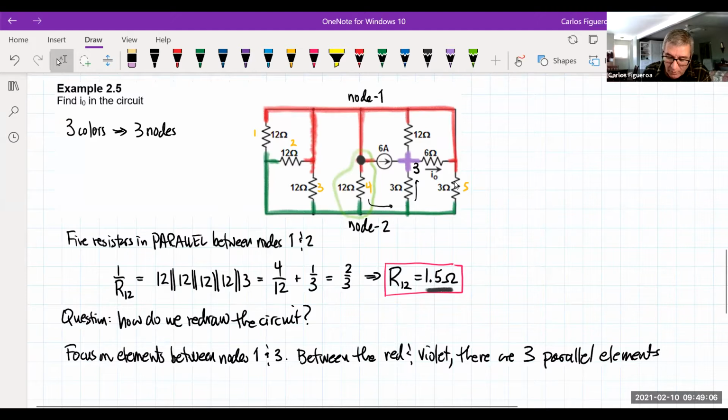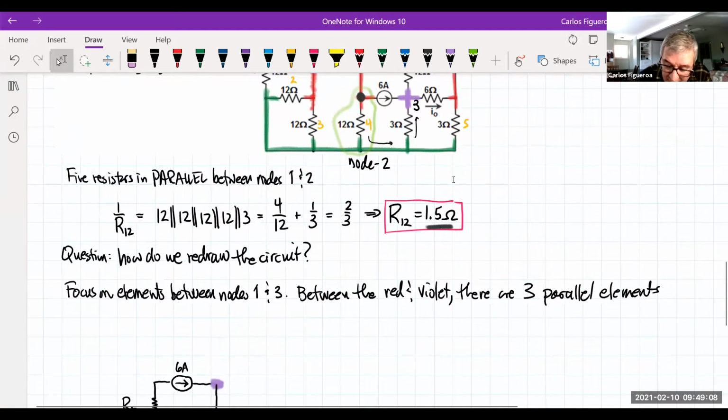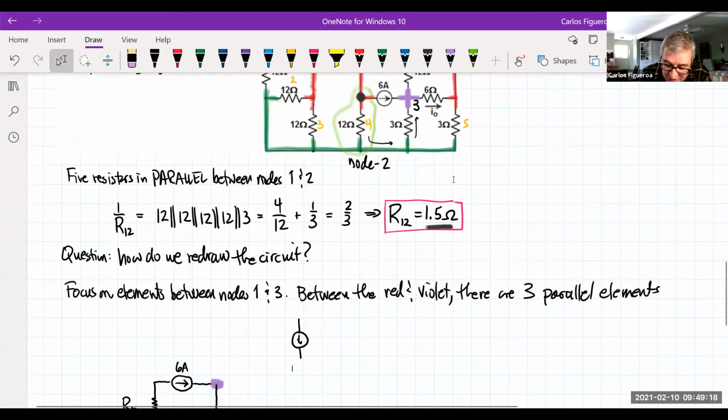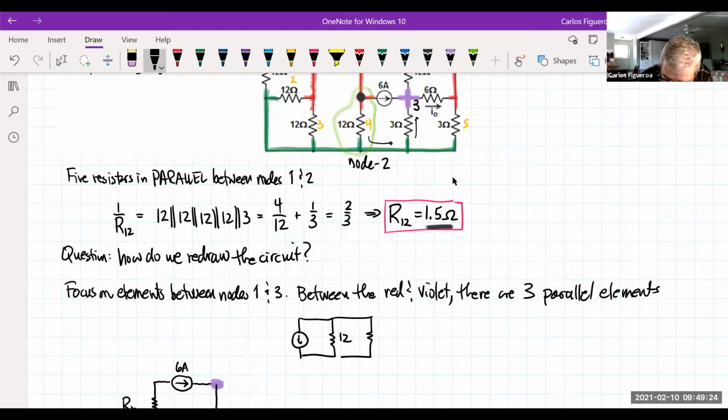In other words, the current source, the resistor 12 and the resistor 6 are all in parallel. Why? Because they have a red node and they have a violet node.